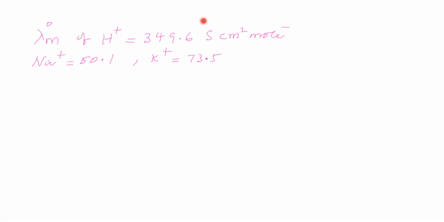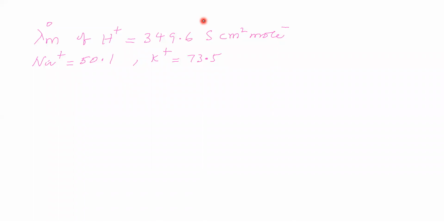H plus size is very low. Therefore, H plus can go for a higher extent of hydration when compared to other cations. So if hydration is high for H plus, that point is contradictory to this point. It is going for a higher extent of hydration when compared to this, which means this value is contradictory to that point. So we cannot take hydration.